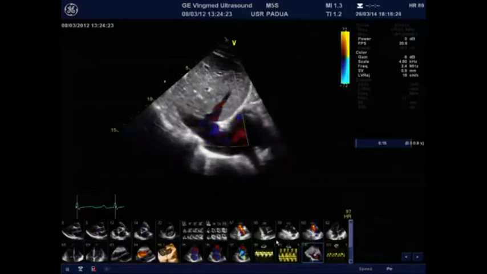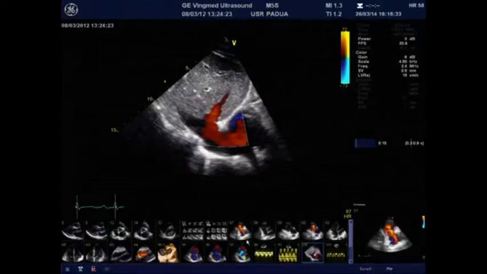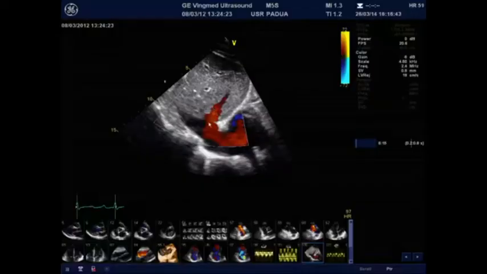If I freeze the image, you will be able to see that during systole, when the regurgitation occurs, there is a red color flow within the hepatic vein, meaning that there is a systolic flow reversal in the hepatic vein, which can also be sampled by pulsed wave Doppler.